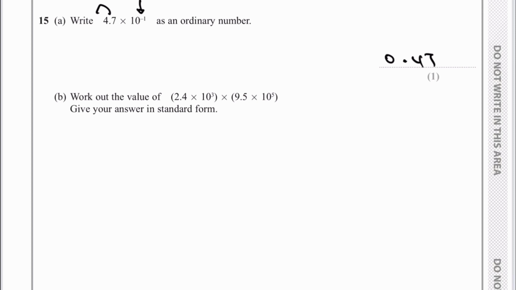And then finally part B, it says work out the value of this. Now if you put this directly into the calculator, you're going to get 228 0 0 0 0, that's 4 plus another 3 at the end, so that's going to be your answer on the calculator. Now that would give you perhaps 1 mark, it depends on the marking scheme, because they're asking you to change it to standard form.